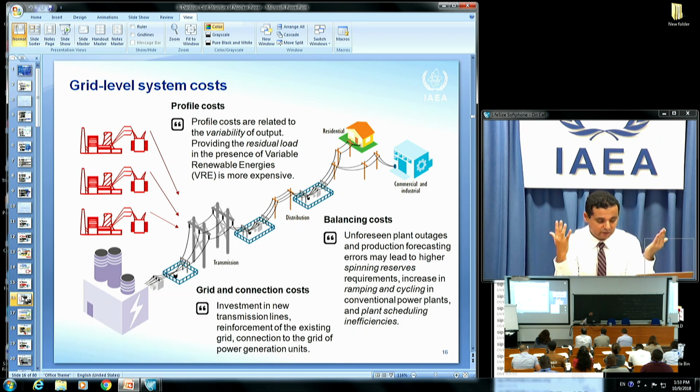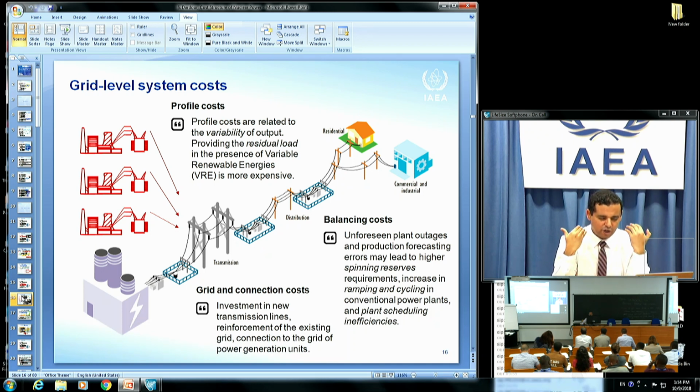We have balancing costs, and balancing costs are related to the fact that, again, when you have a system with a high share of renewables, the variability of their output imposes on other plants, for instance coal plants, what we call ramping and cycling.